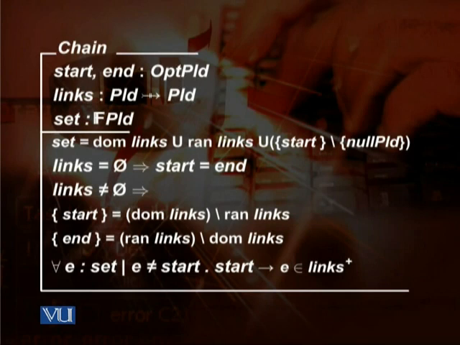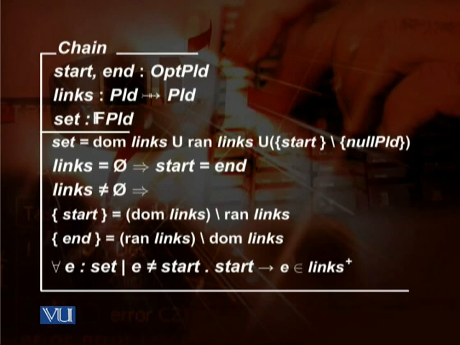There are going to be links which will take me from one PID to another PID. And we have a finite set of PIDs, which is the set of all the PIDs that will appear in this chain. The elements of the chain will be connected, and every one of these may be reached from start by applying the function links a finite number of times.